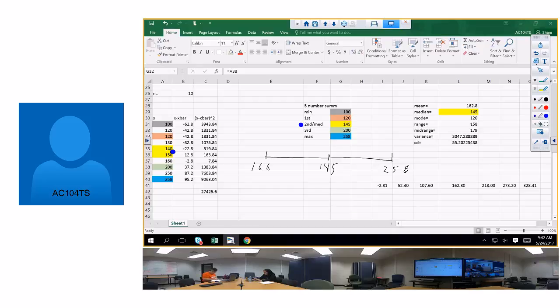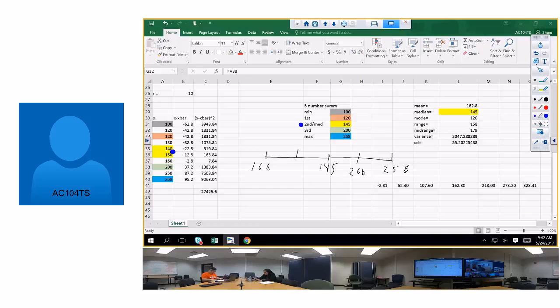Half of 110 is 55, so 55 plus would be 200. So about 200's in the middle. Now, do you have to be exactly to the 10th on the number line? No. You don't even have to be to the whole number. Just get somewhat of a graduation.